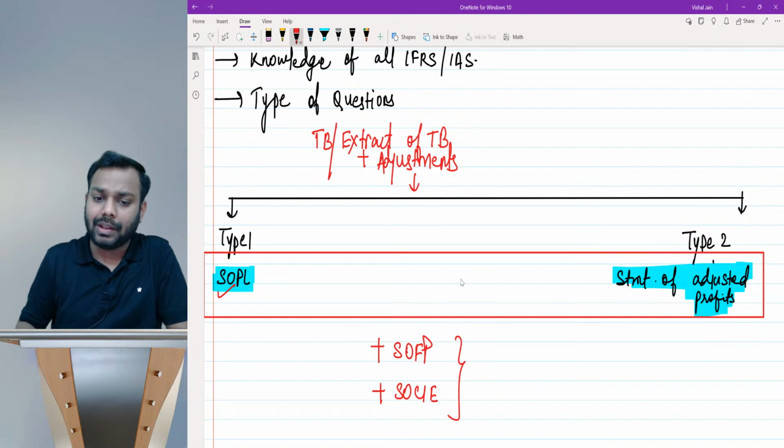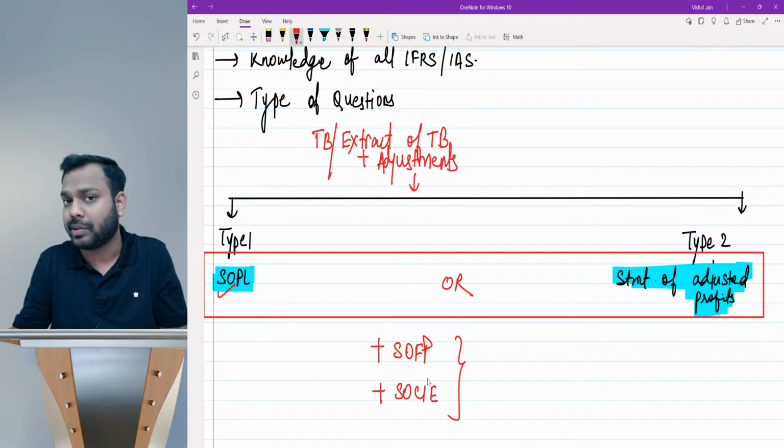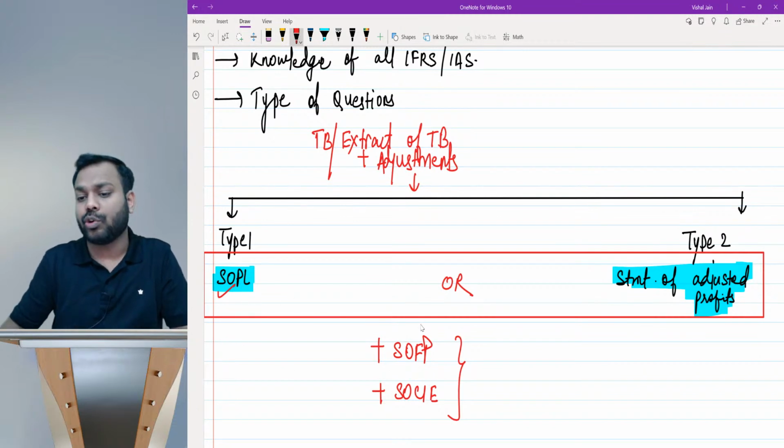Basically, what I am trying to say here is that these two can be asked with any of these requirements. But yes, either the question will ask you to prepare the full SOPL, or it will ask you to prepare a statement of adjusted profits.